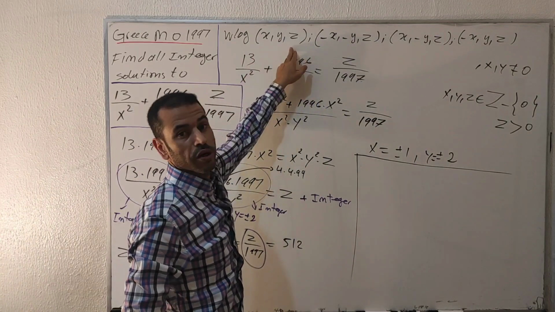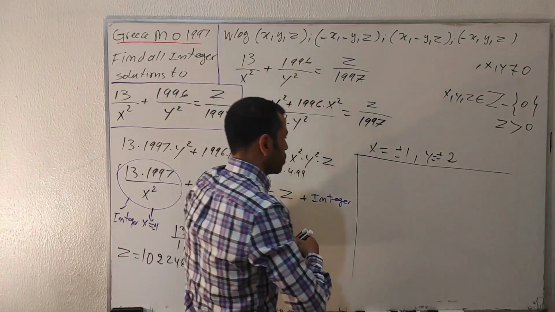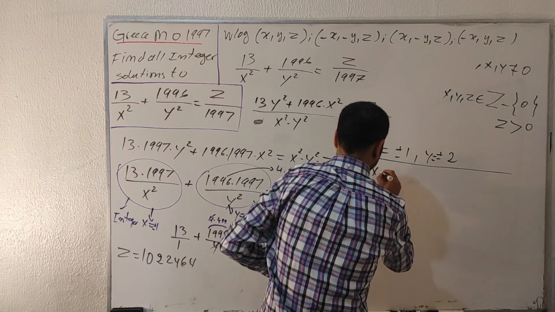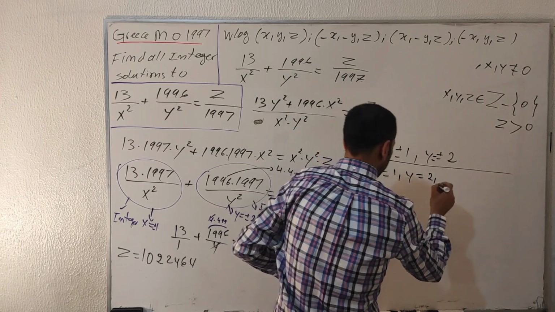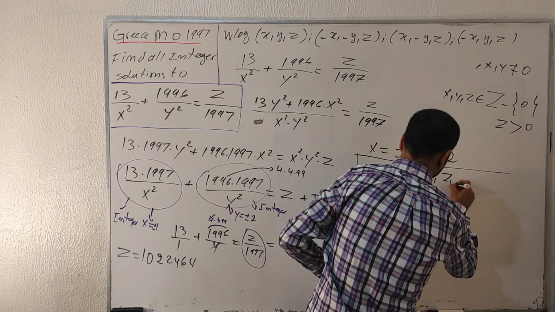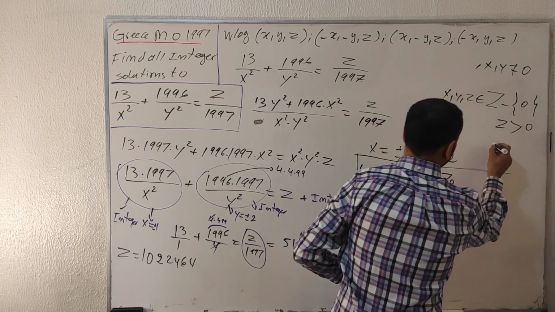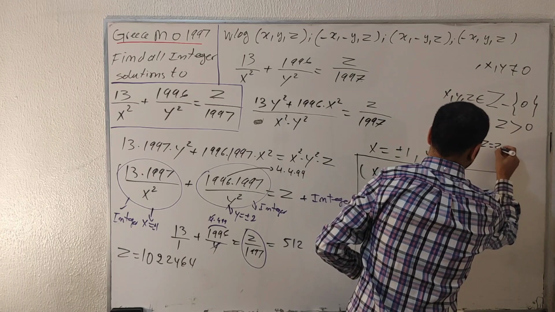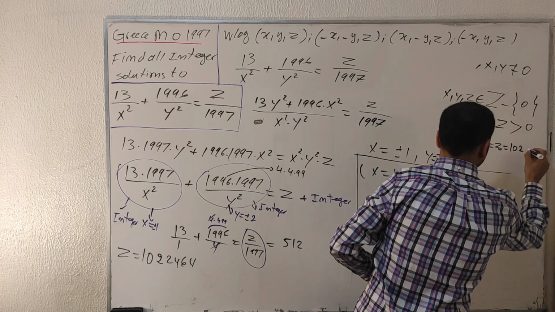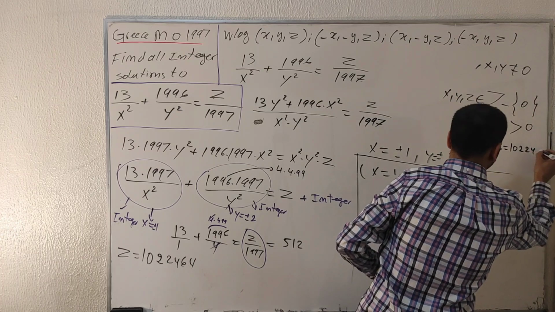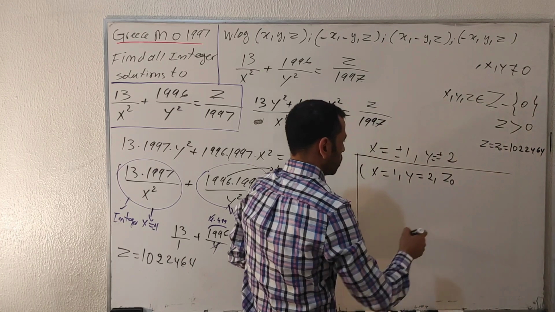Now I'm going to expand these solutions and put them in the form of pairs of solutions as I have in the above statement. The first solution: x equals 1 with y equals 2, with z equals z0, which is 1,022,464.